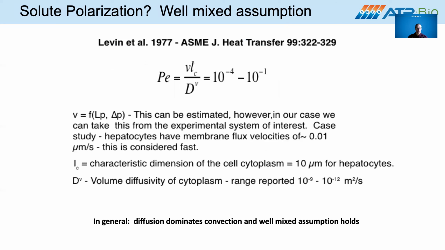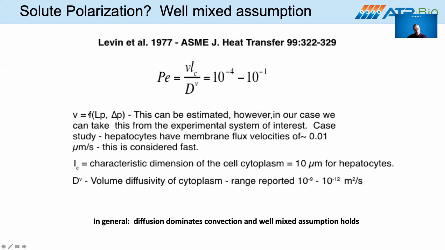So we can also ask, is this well-mixed assumption really a good one? And this Peclet number, which is really diffusion versus convection, is a way of looking at that. It's kind of like a Biot number analog, if you will. So you have convection on the top over diffusion on the bottom.